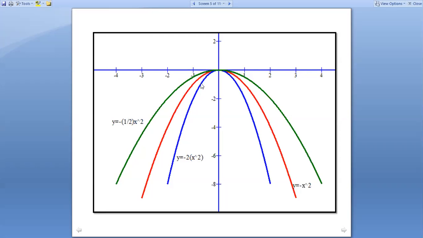Now you can see all these three graphs have a maximum point. The coordinate pairs of the maximum point of all these three graphs is 0, 0. And another special thing that you can see is all these three graphs are symmetric about the y-axis. Therefore, the equation of the axis of symmetry is x equals 0.